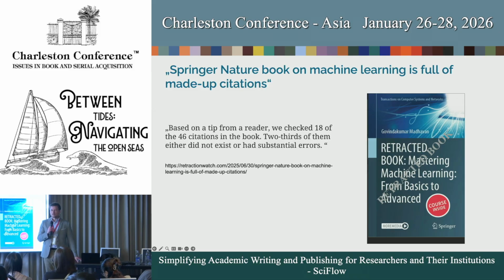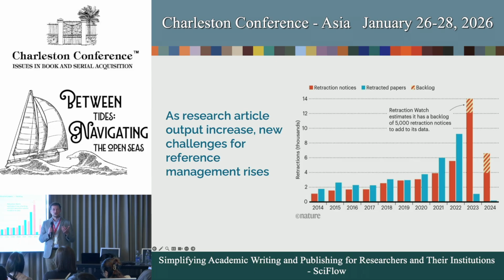Publishers invested a lot in research integrity solutions to find out where issues are, and you see in the amount of retractions over the years that it has become a major point, especially with the rise of AI, fabricated references and paper mills.